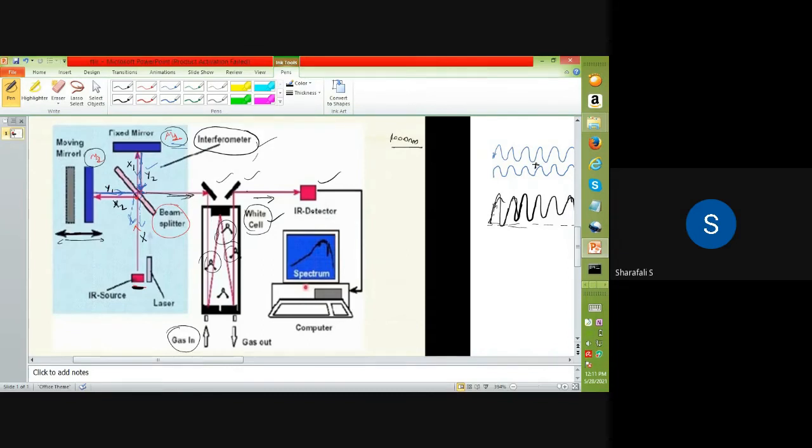It can be by a photo detection method, or by a temperature sensing method, and then it goes to the computer system for the Fourier transformation and further spectral analysis.